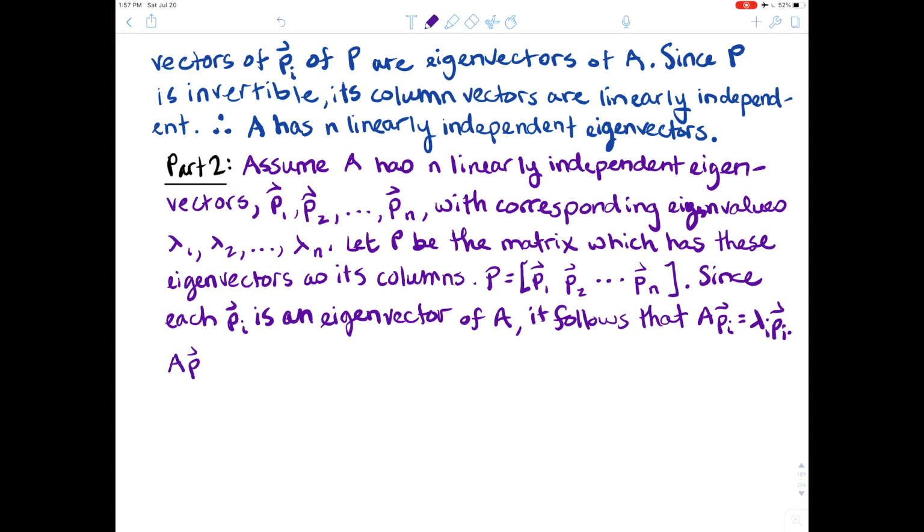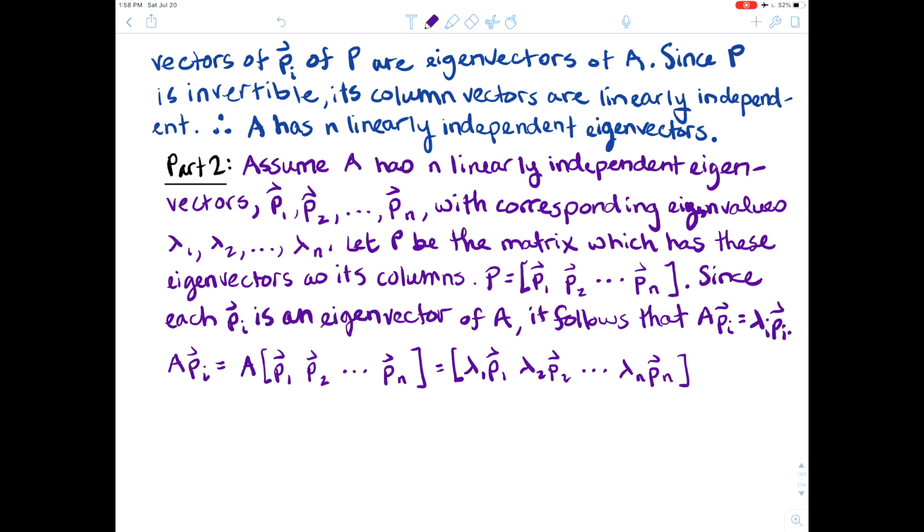Well, A times P will equal A times the matrix P1, P2, all the way down to Pn. Well, that's going to equal lambda 1 P1, lambda 2 P2, all the way down to lambda n Pn, that matrix.